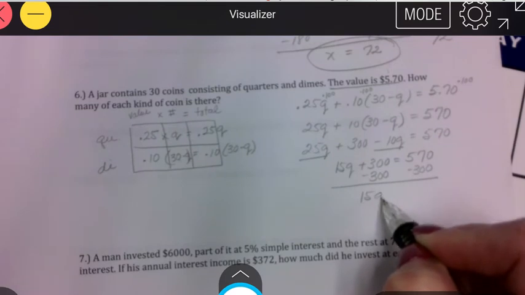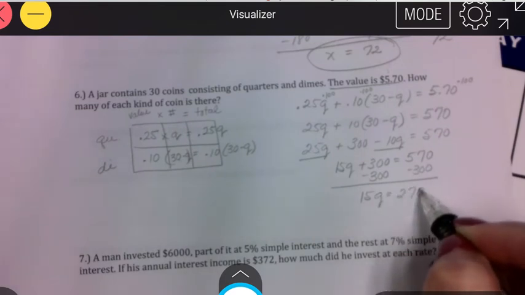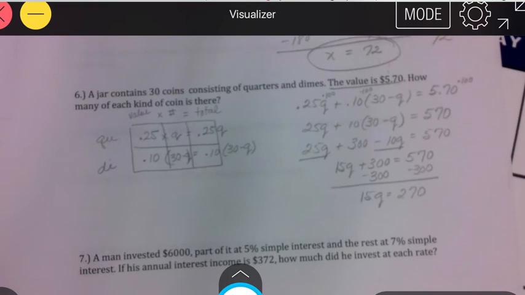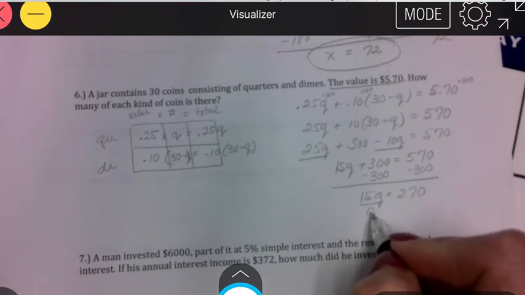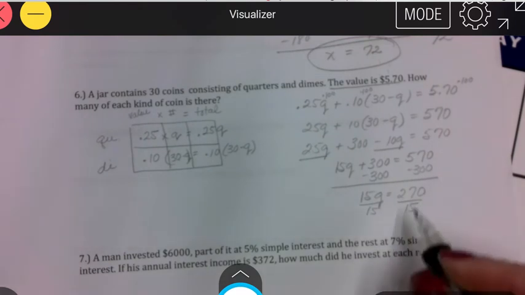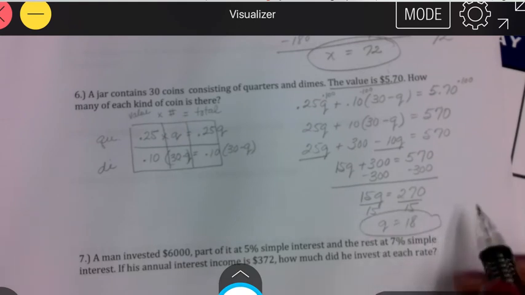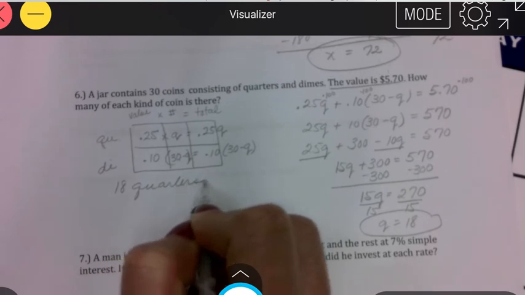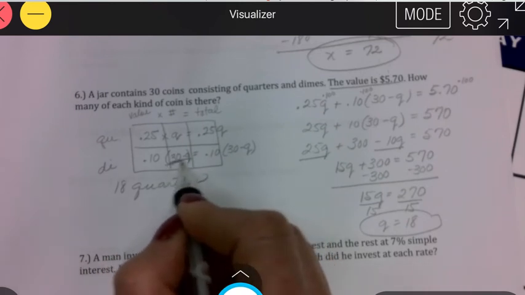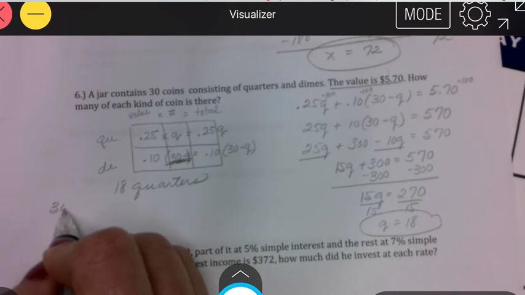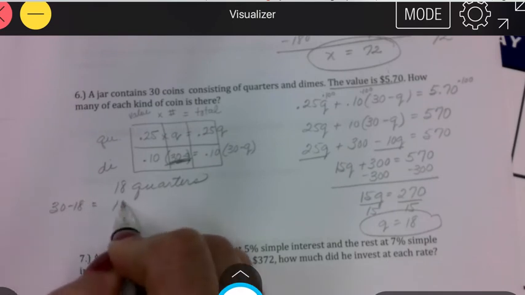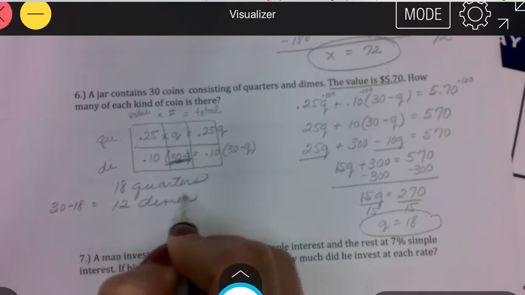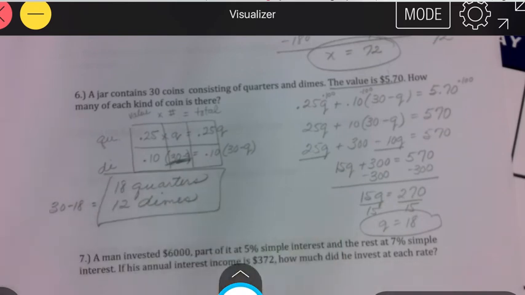I have 15Q is equal to 270. Divide through by 15. I have Q is equal to 18. Q represents quarters, so I have 18 quarters. And because I have 30 minus Q for my dimes, I have 18 quarters plus 12 dimes.